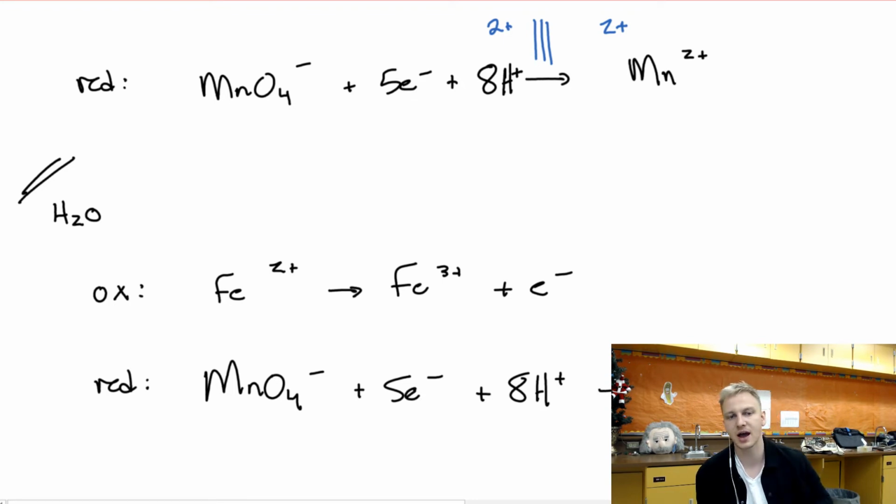And what you can see now is that we have an uneven amount of hydrogens on both sides. We have 8 hydrogens on the left, and we do not have 8 hydrogens on the right. So we're going to add 4 H2Os over here to the right side, and that then balances out our number of hydrogens. What you'll also notice, and this is a convenient feature of balancing redox, is that we had 4 oxygens on the left.